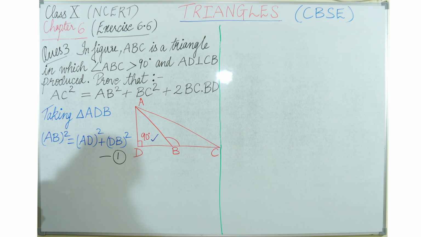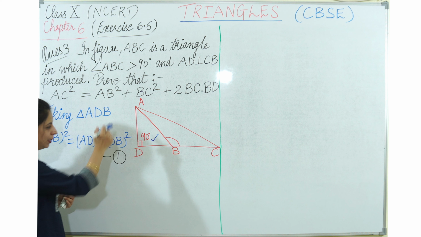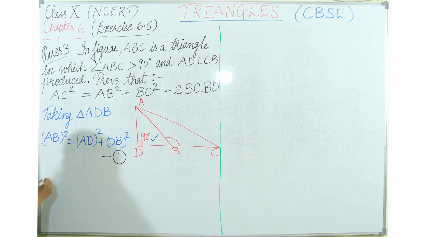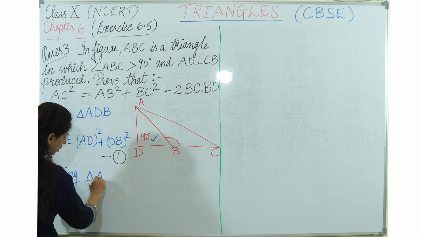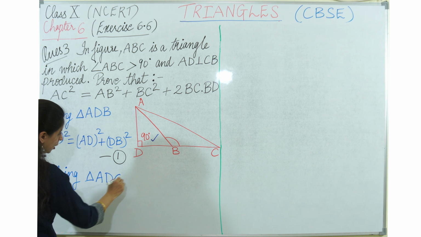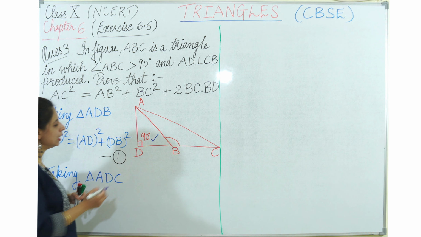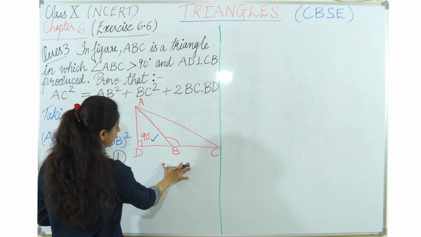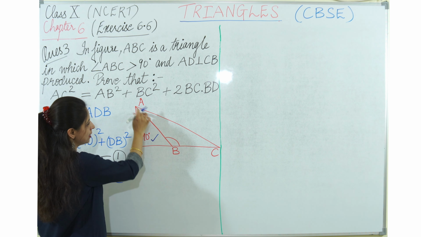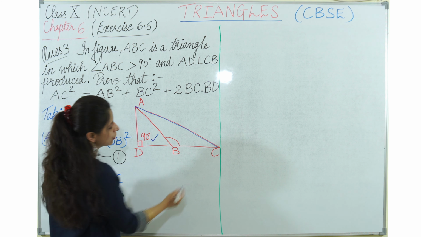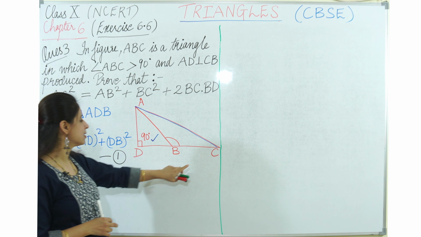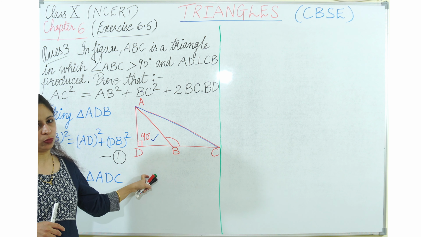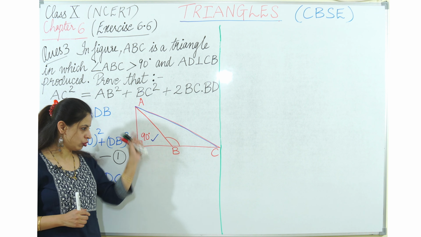Now taking the second triangle, the whole complete triangle ADC. When I take triangle ADC, AD is the perpendicular, DC is the base, and opposite to 90 degrees is AC. So AC square is equal to AD square plus DC square, because this is my whole triangle.